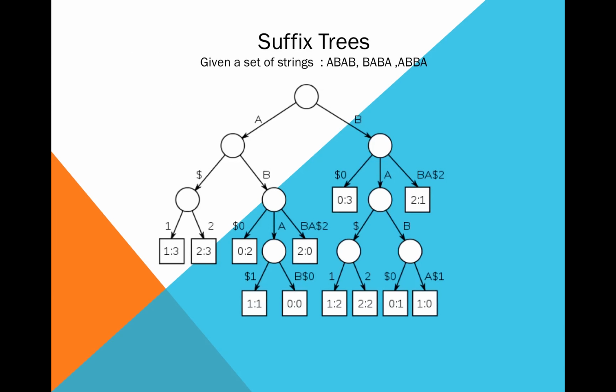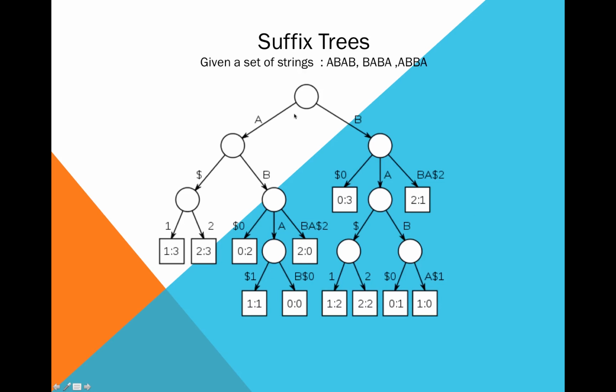In the case of suffix trees, we can build a suffix tree for a set of strings, and then we can find the deepest internal nodes which have leaf nodes from all of the strings in the subtree below them.